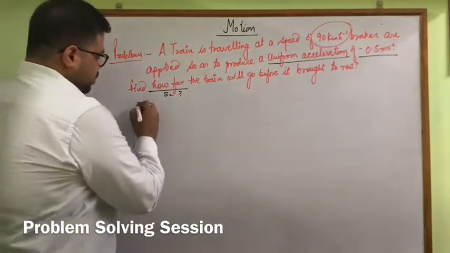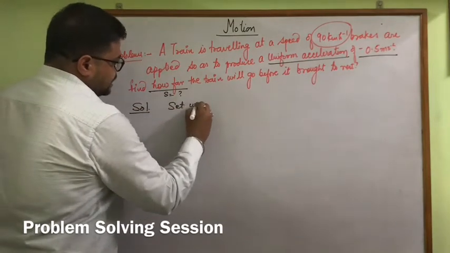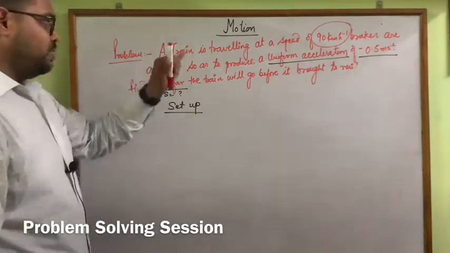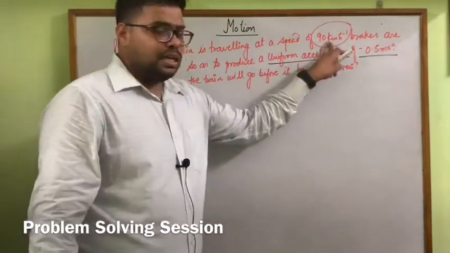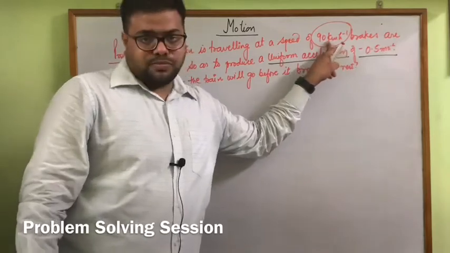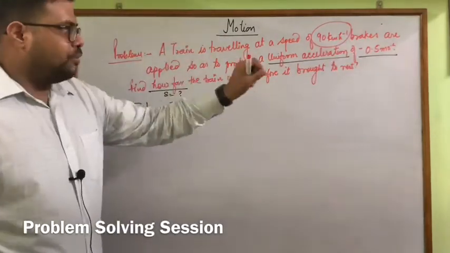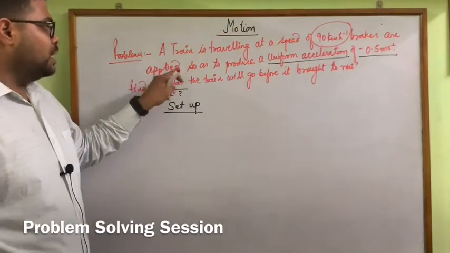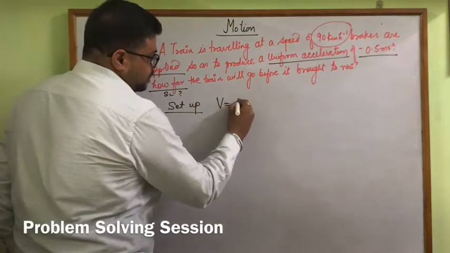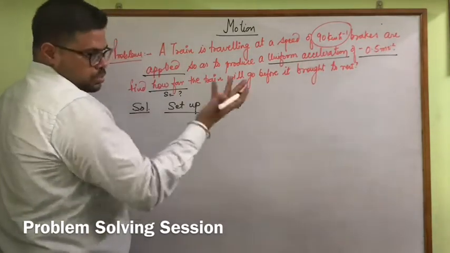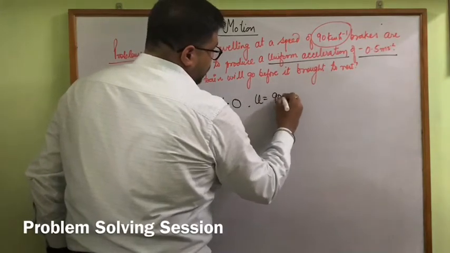So again we have to solve it step by step. First, the setup step: given is the speed or velocity, 90. Now you may be confused whether to take it as final velocity or initial velocity. I already helped you: the language mentioned is brakes are applied. So when the brakes are applied, its final velocity is going to be 0, and this is taken as the initial velocity.